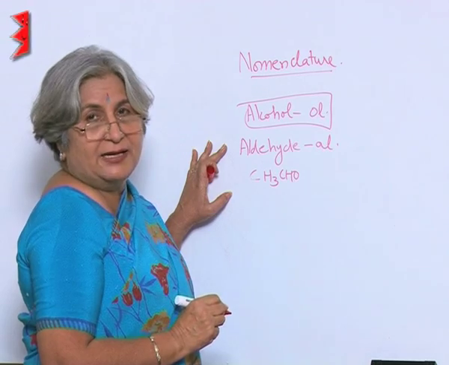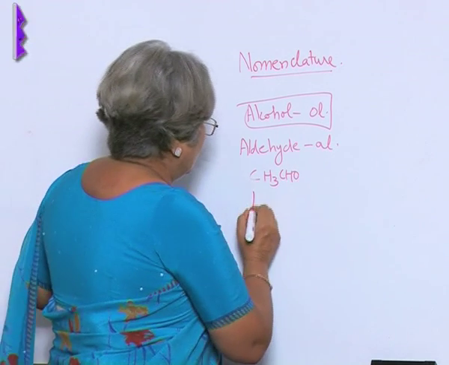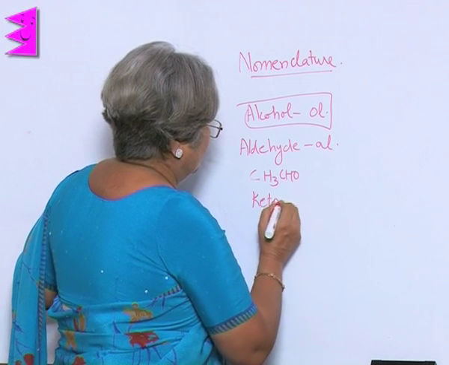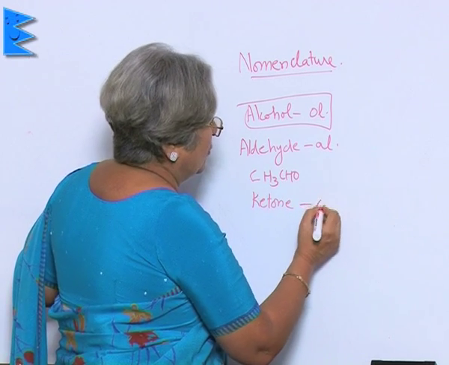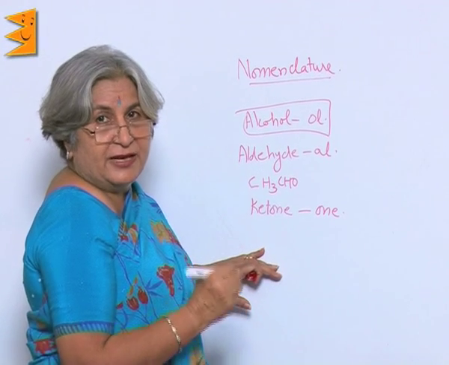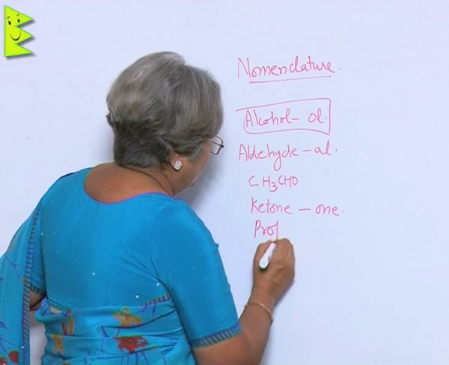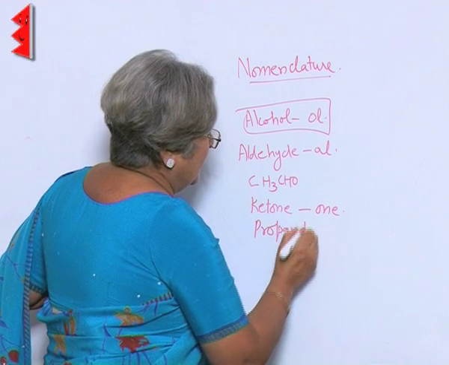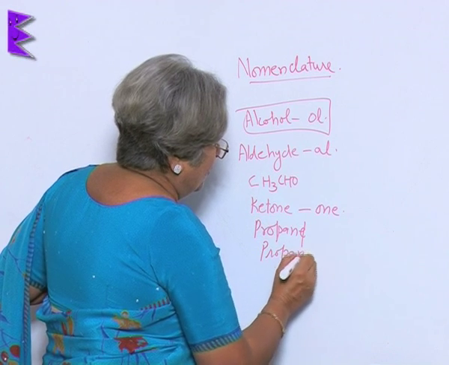For aldehyde we add the word AL. For ketone we add ONE. So if we take the case of propane, E will be cut and it will become propanone.